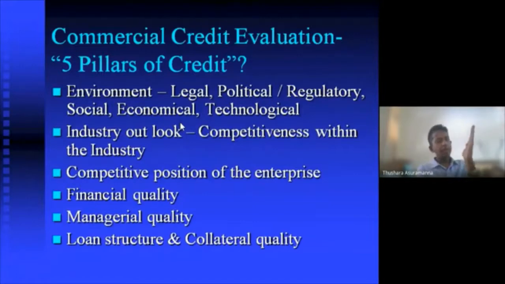Then if we see the impact of the environment is positive, it's a support to the business. It's support to the credit request. If it is negative, it's an objection, it's trouble, it could be a risk to the business in terms of the credit facility.